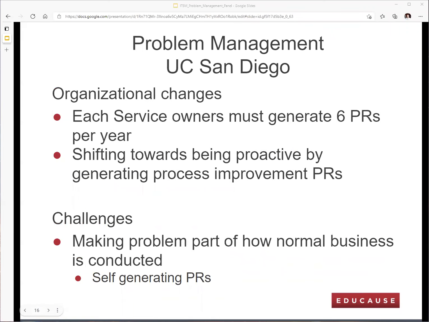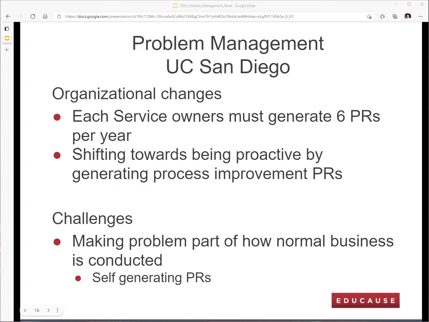So these things have all led to some organizational changes. Because we've taken a Lean Six Sigma approach, we want service owners to be accountable, because there are too many for one person to deal with. So service owners are engaged, and they have to generate 6 problem reports.